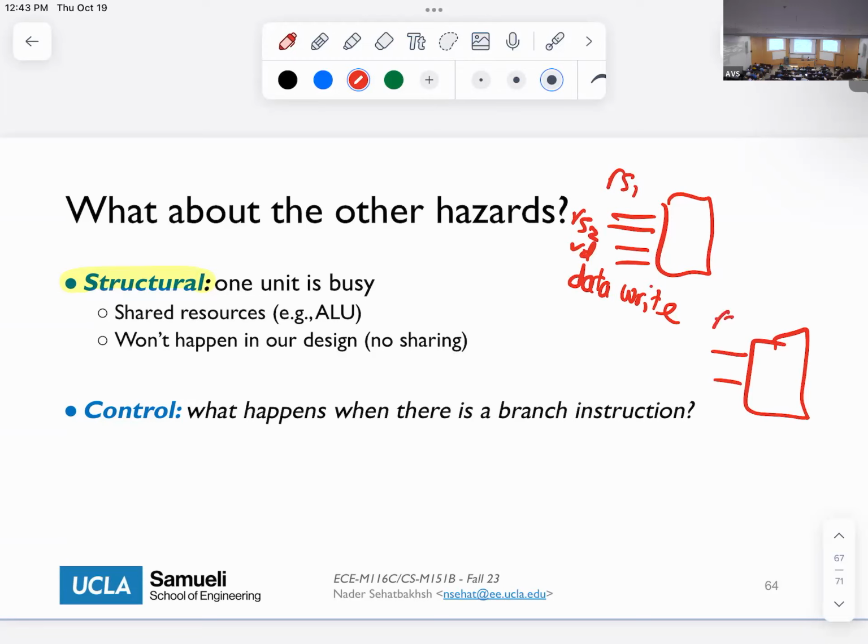So I could only read RS1 or RS2, or I could read RS1, for example, and RD. In that case, there is contention between instructions. Maybe one instruction wants to read, the other instruction wants to write. In this case, we call it a structural hazard because I cannot do both at the same time. So I need to either stall the processor or do some other tricks.